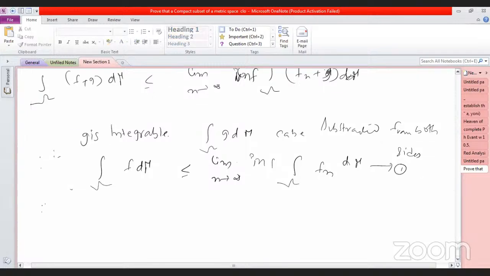But since g minus f_n is greater than 0, we apply Fatou's theorem. Yesterday in class, what is Fatou's theorem? What is Fatou's theorem?